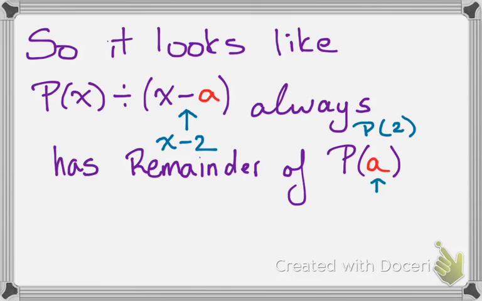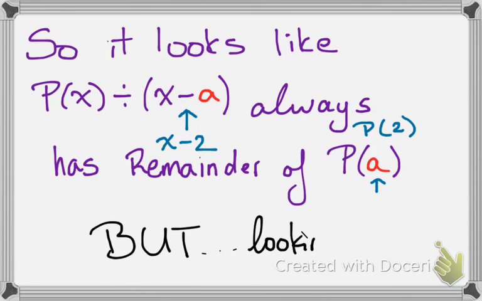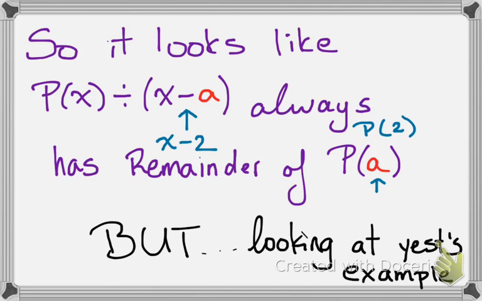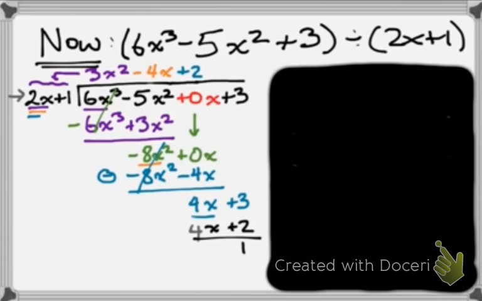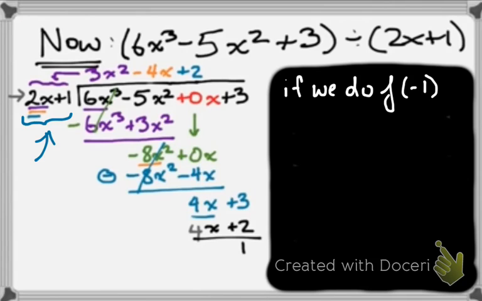So that's interesting. But what about the example yesterday where we did long division? So that was the example from yesterday. And if we look at f at negative 1, right? Because you see how here I have 2x plus 1. So it looks like I should plug in negative 1.